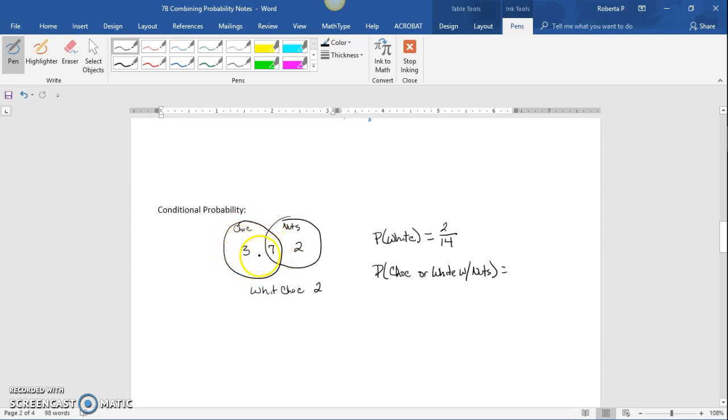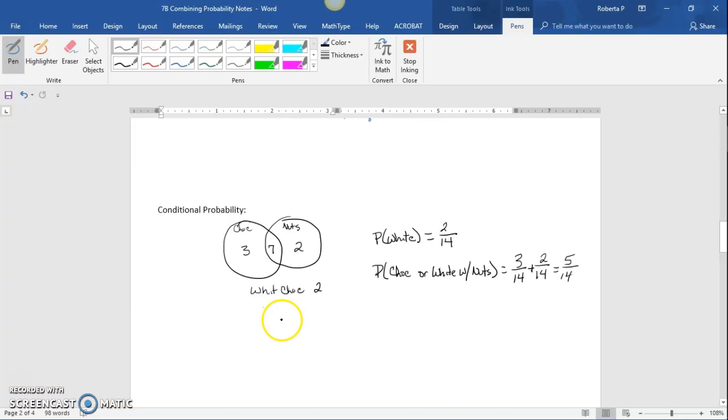We don't want the nuts, we just want the chocolate bars. So we have 3 out of 14, plus, and then we want white chocolate with nuts, so that must be these 2 over here, so 2 out of 14, so a total of 5 out of 14.